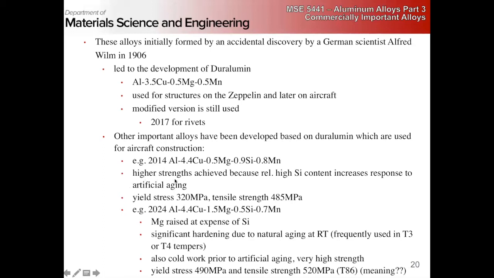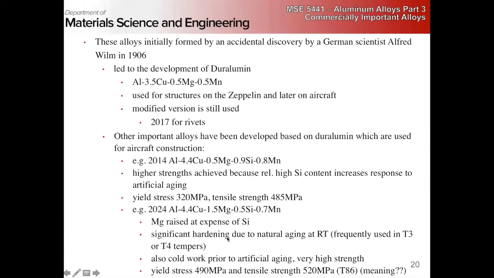We get higher strengths because the higher silicon content increases response to artificial aging, so we increase our precipitation kinetics. Good yield strengths. 2024 is the important one I keep talking about. It has a higher magnesium, 1.5%. Silicon is reduced, and manganese is about the same relative to 2014.